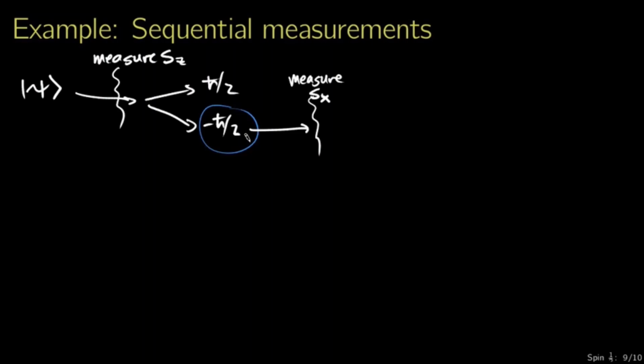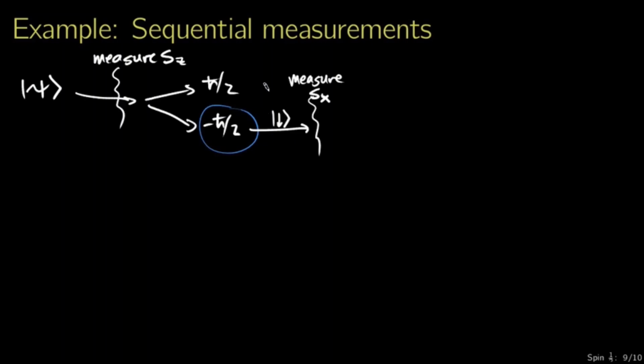Back when we were talking about the generalized statistical interpretation of quantum mechanics, you know that after a measurement that gave you a particular eigenvalue of the Hermitian operator associated with the observable that you're measuring, the quantum system now is in the state with the eigenvalue associated with that measurement. Essentially, the wave function collapsed. Since we're talking about a two-state wave function here, it's not necessarily a collapse of a wave function, but whereas what was originally potentially a superposition of up and down spins, we now know is in the down state.